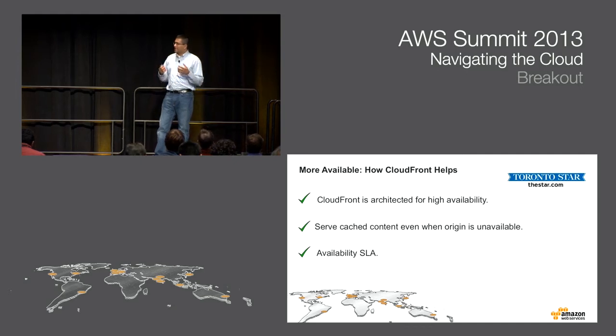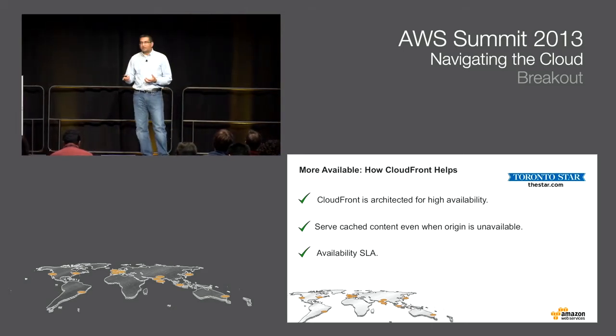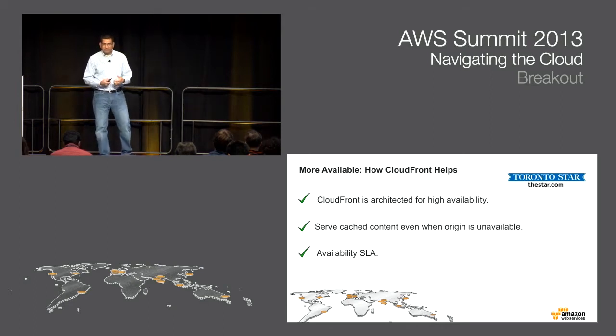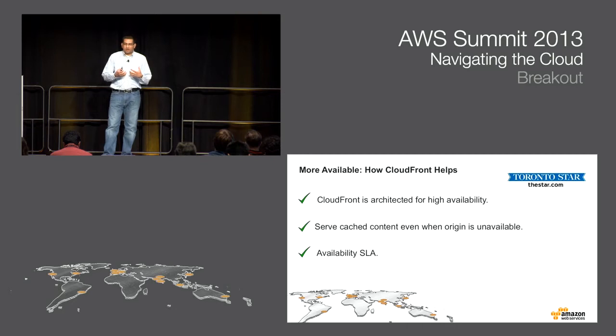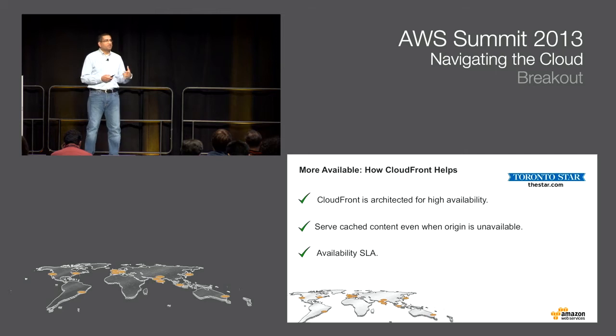So if there is an edge location that is out of service or not functioning correctly for whatever reason, we can turn off that location, and your end users will never see the impact because your end users get routed automatically to the next best edge location for them. So from an availability perspective, CloudFront already offers you that just by having a distributed network of redundancy and high availability.